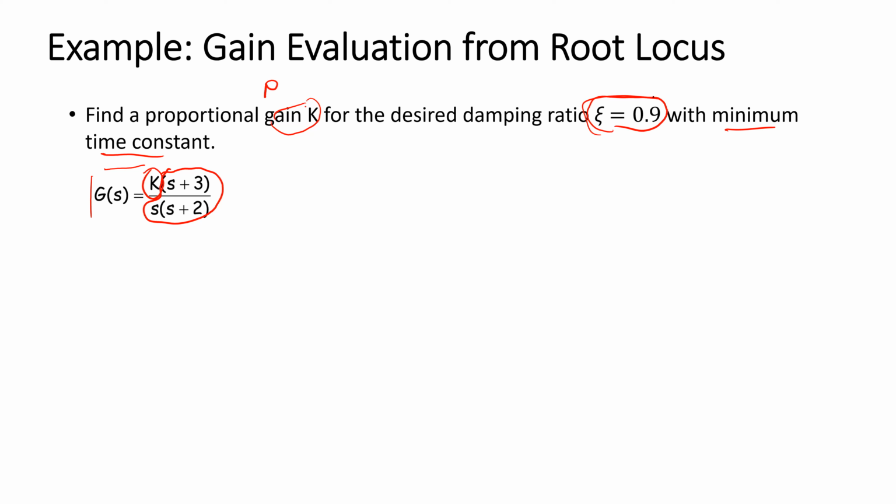We should begin by plotting the root locus of this system. We have the 0, -3. We have pole. And we plot the root locus of this system.